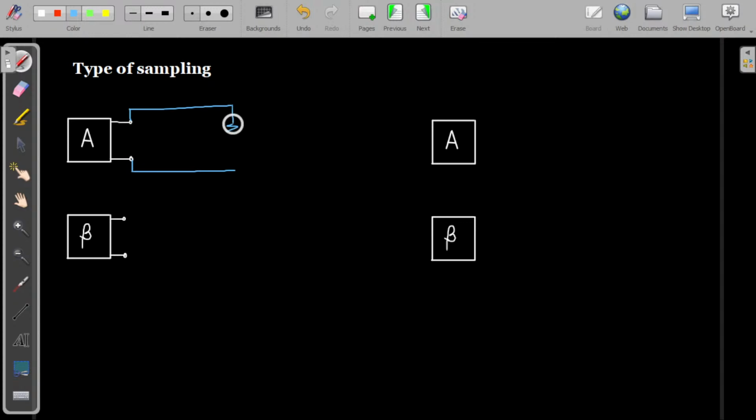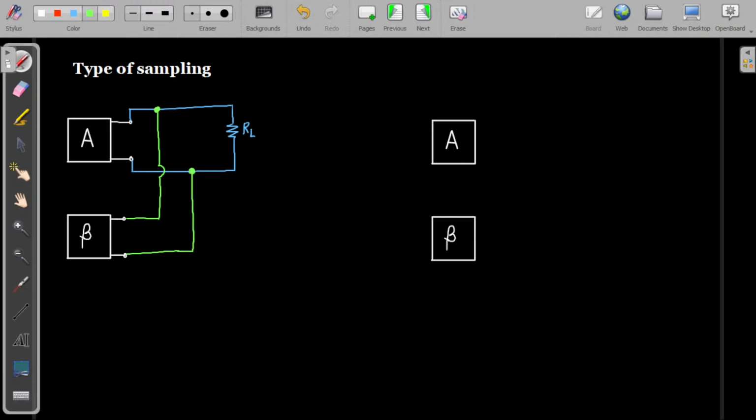So this is RL and we have connected the feedback like this. Here you have the feedback connection like this, and this is connected here like this.